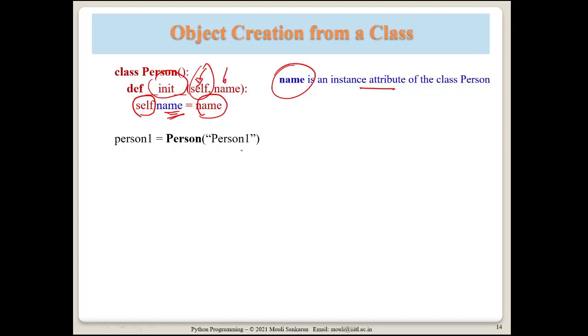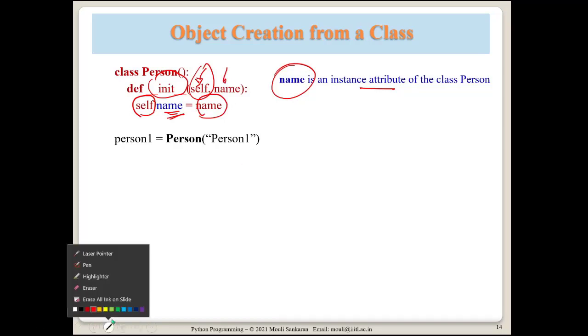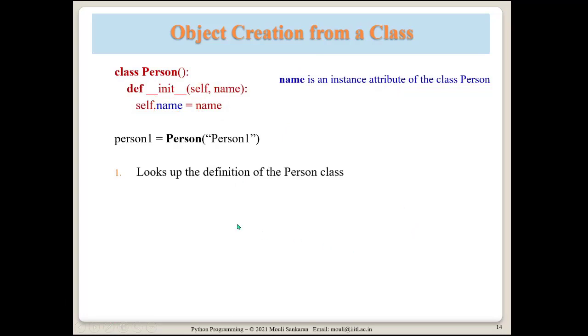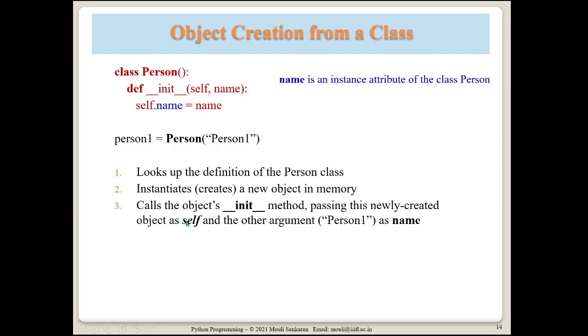So now let us see the sequence of operations which I have already explained. The interpreter looks up the definition of the Person class, instantiates or creates a new object in memory, then calls the object's init method, passing this newly created object as self.